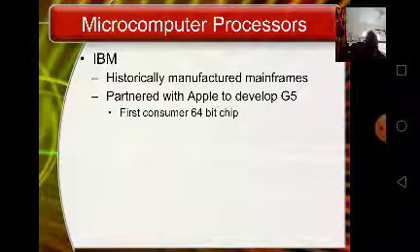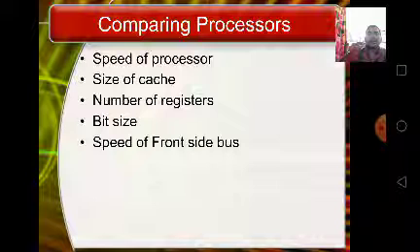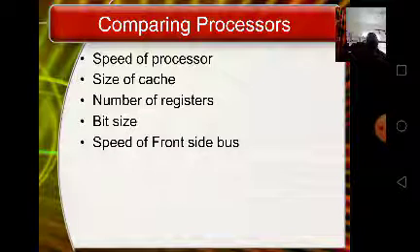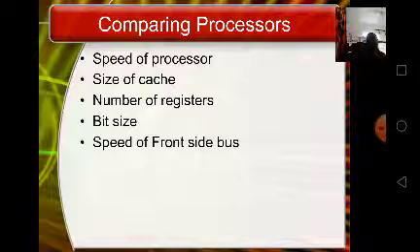Next, comparing processors. Most non-computer people only use the clock speed to compare two processors. This is a good comparison, but it is like comparing cars only by their top speed.